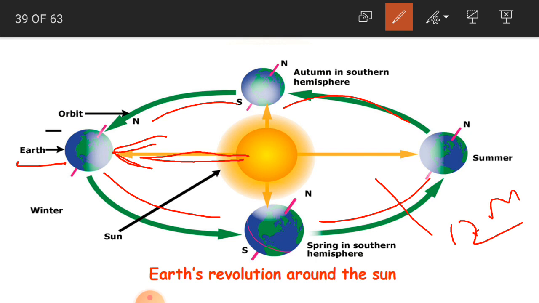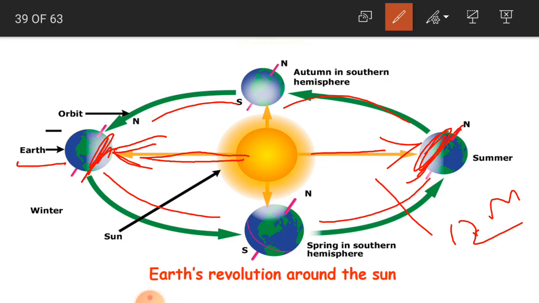Here, this side countries will be having summer, again this side countries will be having summer. Again, here opposite, after 6 months the climate is going to change.